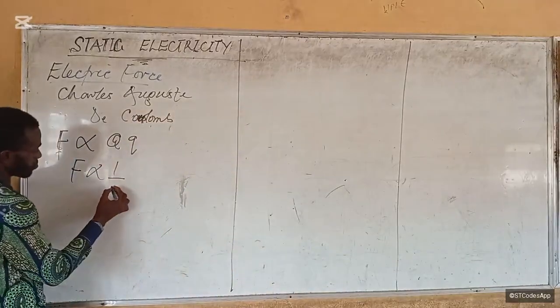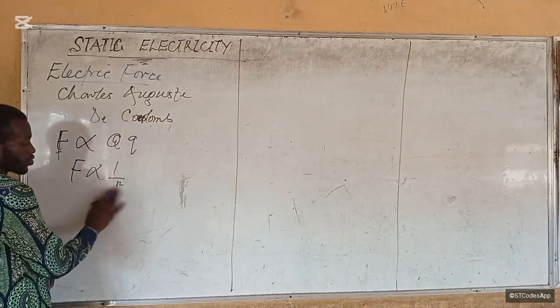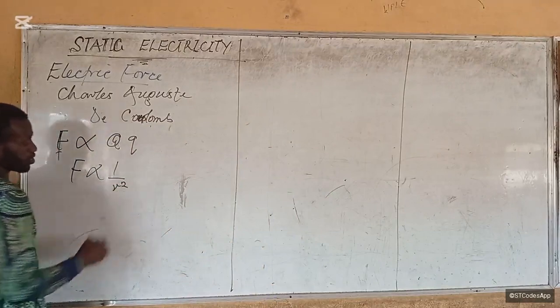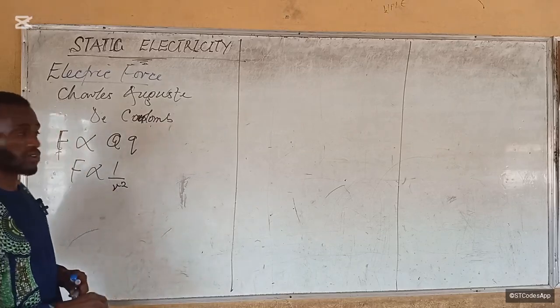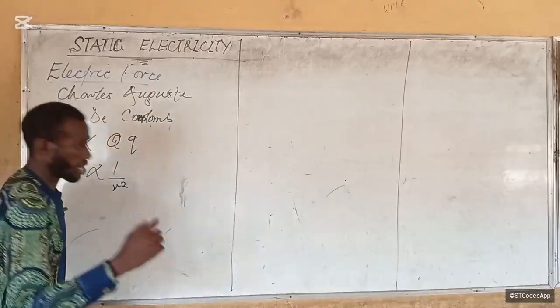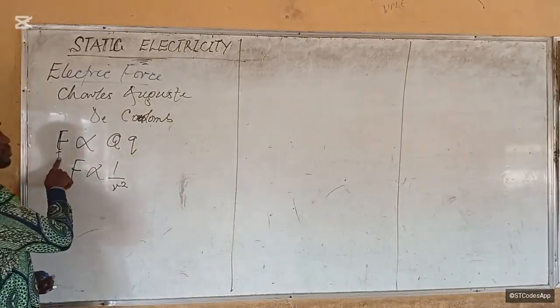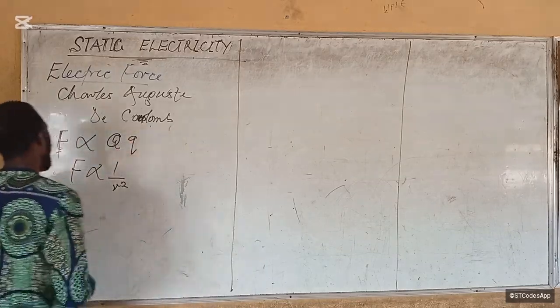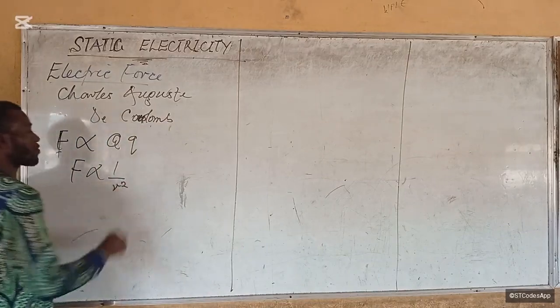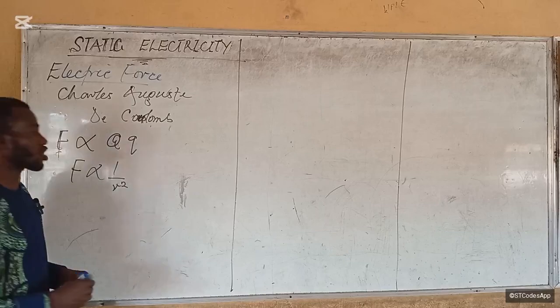So you are going to see d squared or r squared, depending on the convention you are used to or your textbook. I'm going to stick with the r squared convention for distance. So I restate that. The force of attraction or repulsion is directly proportional to the product of the charges and inversely proportional to the square of the distance between the charges.